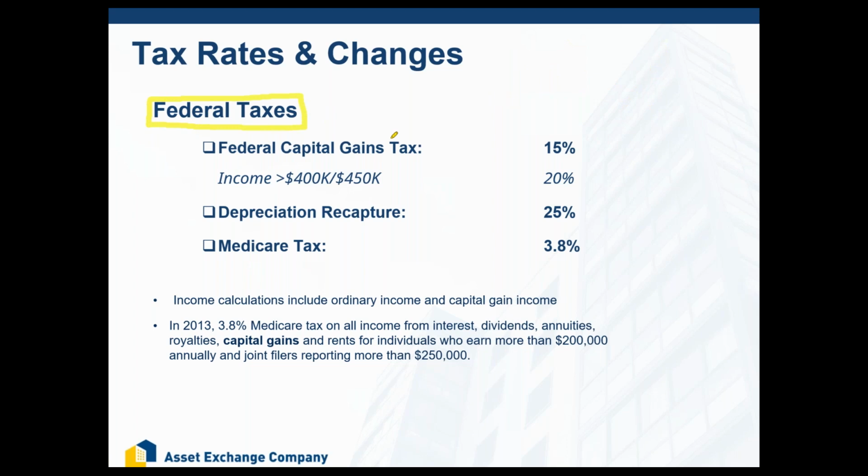When we sell real estate, the federal government charges us a capital gains tax of either 15 or 20%, depending on your income. There's also a tax on the amount of depreciation that you take, and that's a 25% tax rate. And then there's a final tax that kicks in for people who earn higher incomes, and that is a Medicare tax of 3.8%.